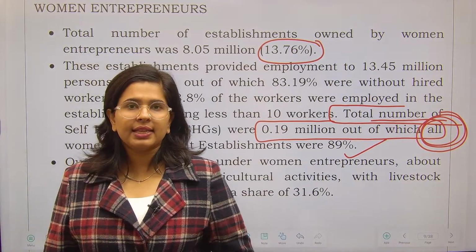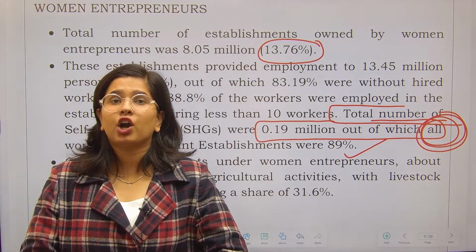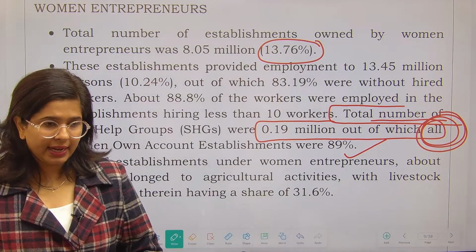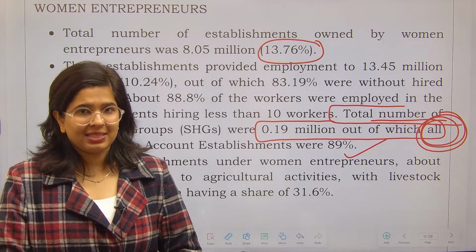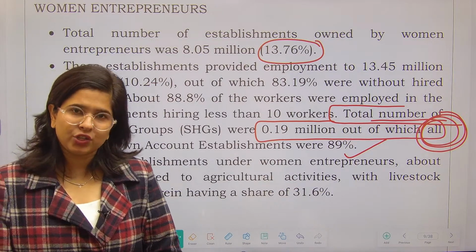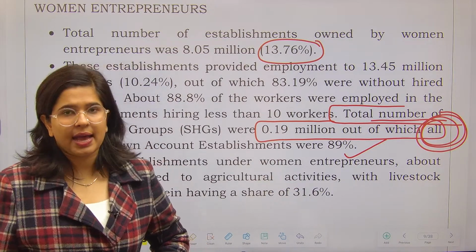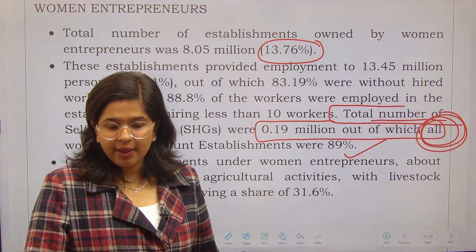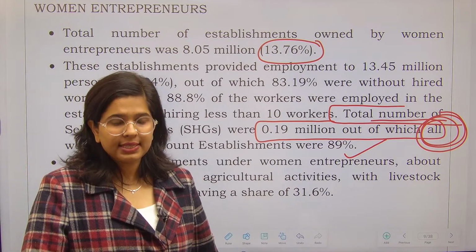So this was the data that you have to remember from your economic census, right? I have tried to include all the important data that your economic census has talked about, although I would say that this is a little too much in detail considering the exam is very near, right? So here you will focus on the important points.